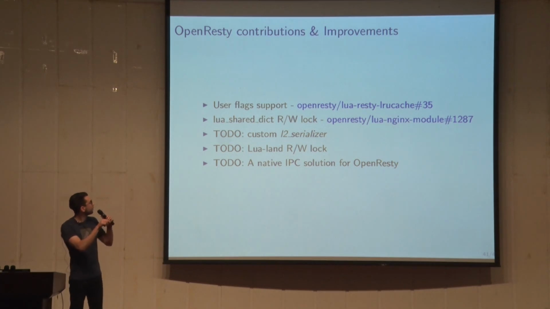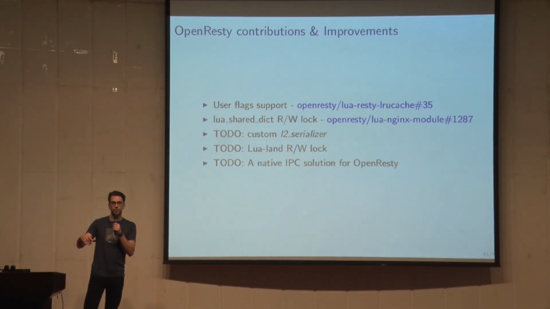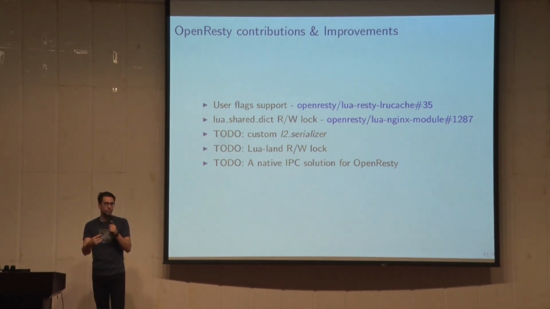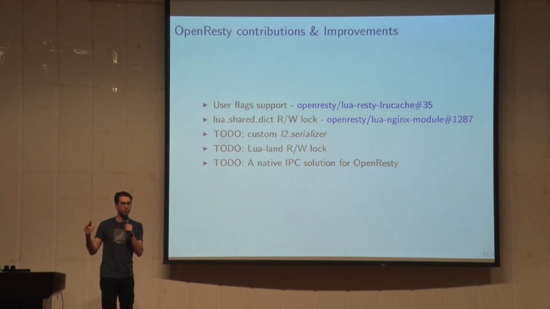We have the custom L2 serializer, just like the L1 serializer. Currently the values in the lua_shared_dict are encoded and decoded in JSON, which can be expensive. If you already know what the format of your table is, you can provide a custom serializer instead.